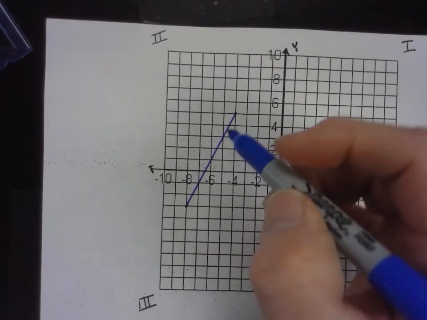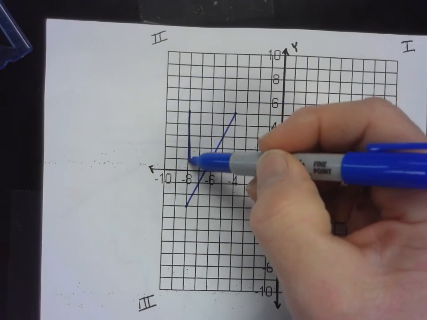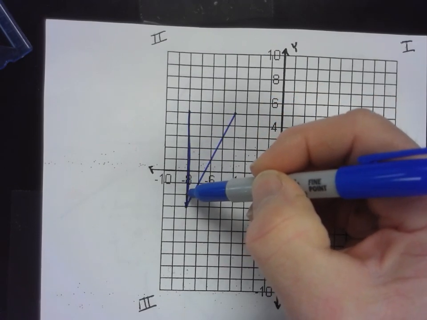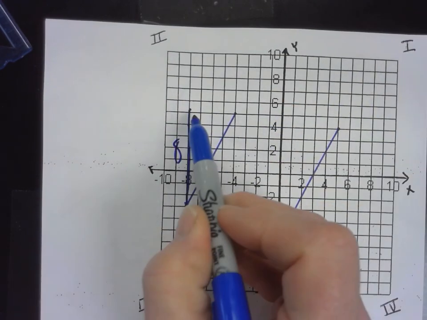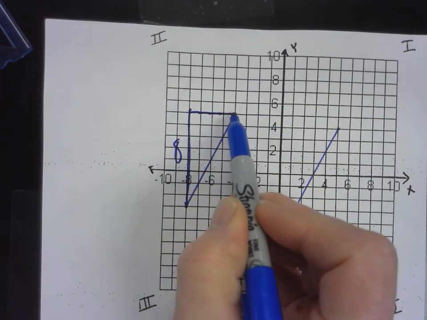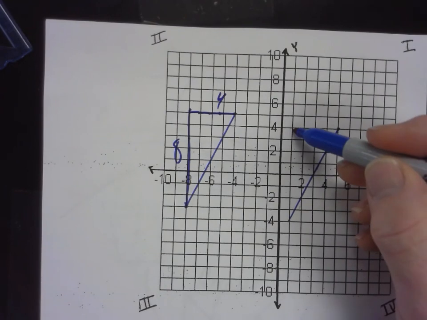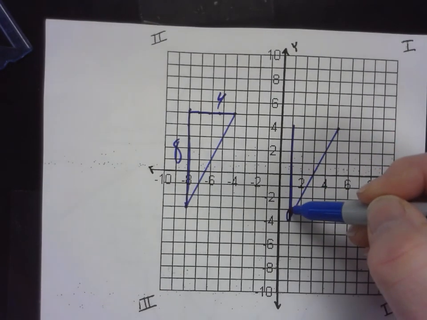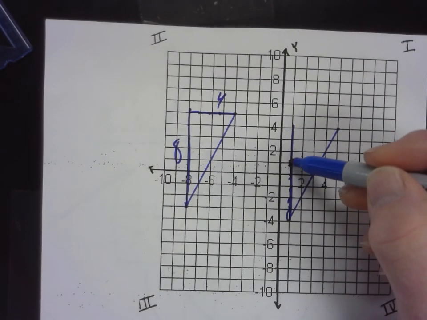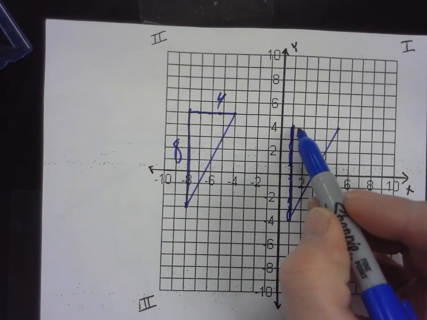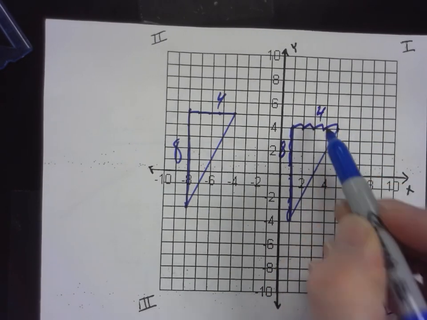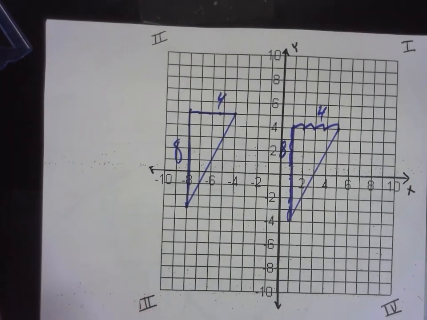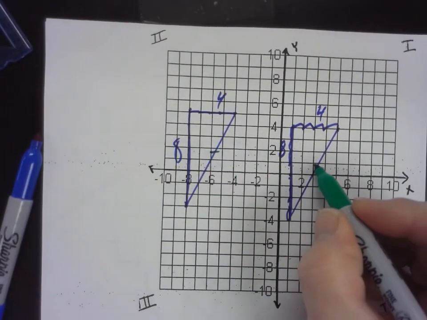If you just look at the slopes, the rise here is 1, 2, 3, 4, 5, 6, 7, 8, and the run is 1, 2, 3, 4. Over here we have a rise of 8 and a run of 4. So are these two congruent? Yeah.